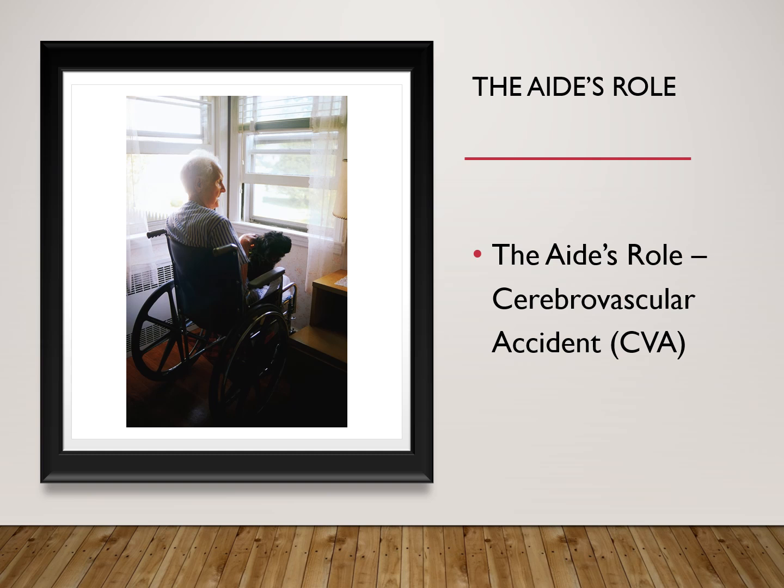Do the exercises that you've been instructed to do by the therapist that are listed on the plan of care. If paralysis has occurred, protect the paralyzed part of the body, such as the arm or the leg. If visitors tire the patient, tactfully suggest that perhaps they would leave so that the patient can rest, but only with the patient's permission.